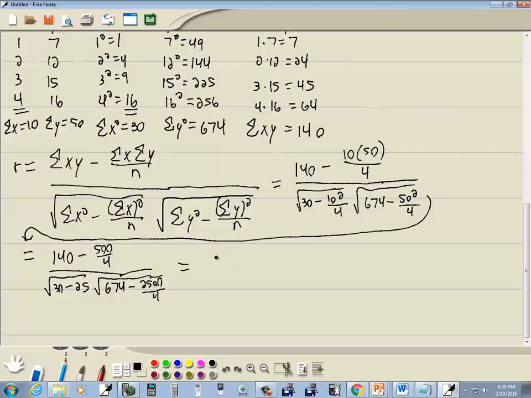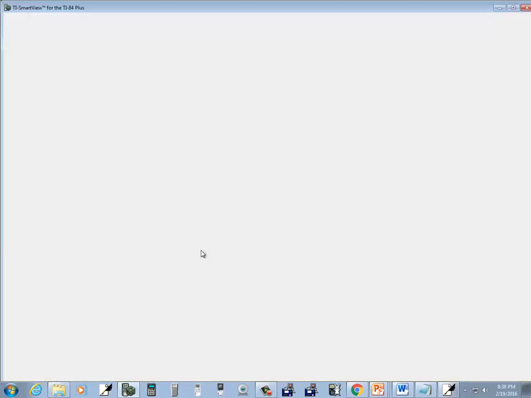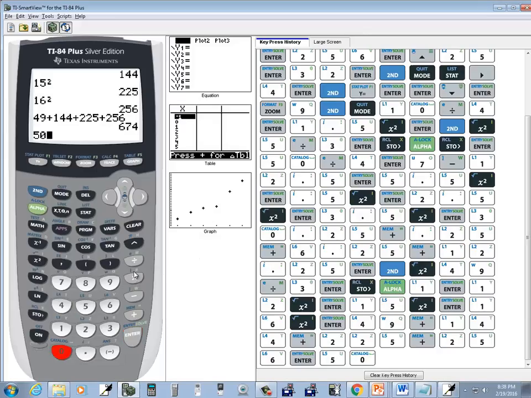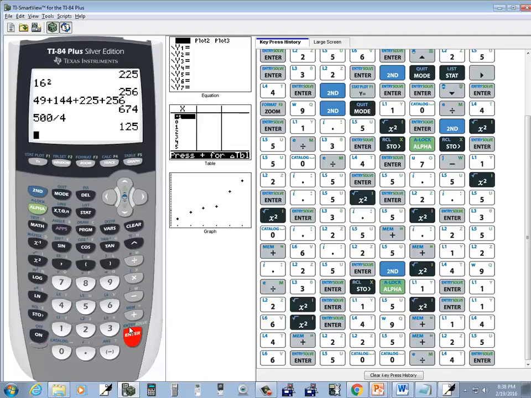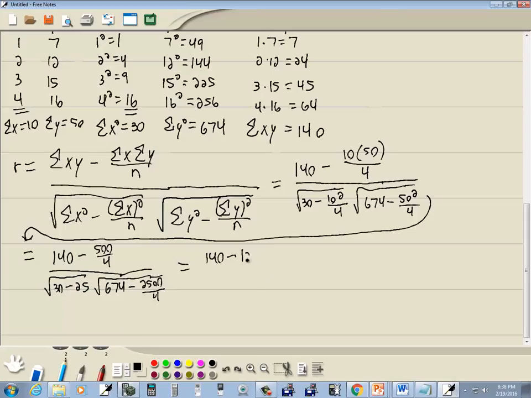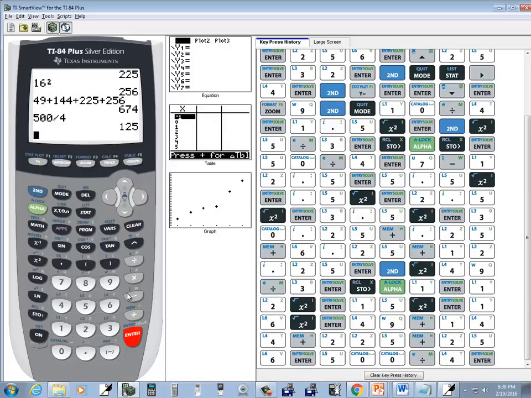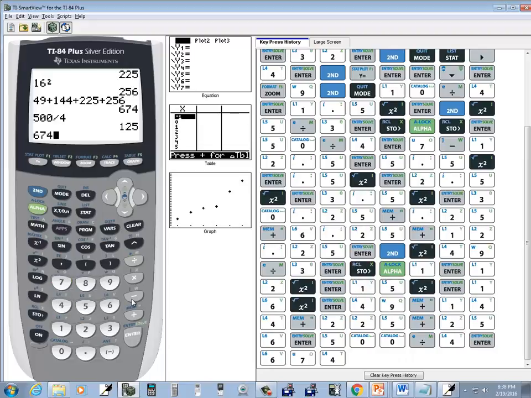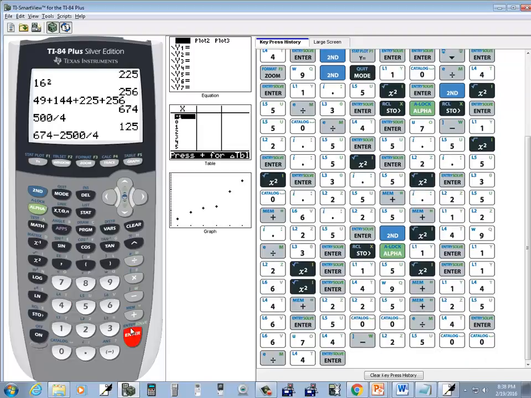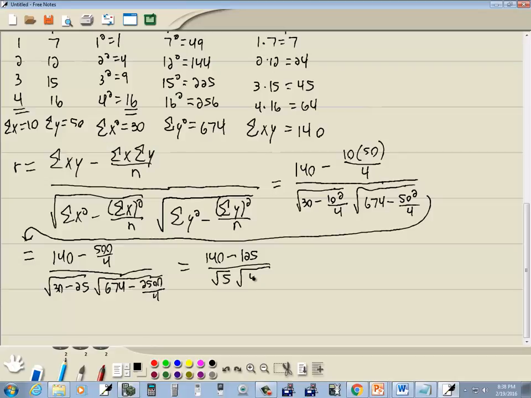Which gives us 140 minus 500 divided by 4. I should be able to do that in my head. 500 divided by 4, 125. And 30 minus 25 is 5, so that's the square root of 5. And 674, go ahead and let the calculator do this, minus 2500 divided by 4, gives us 49.